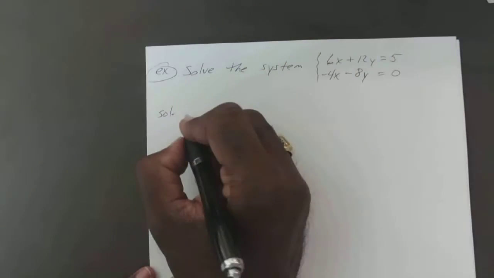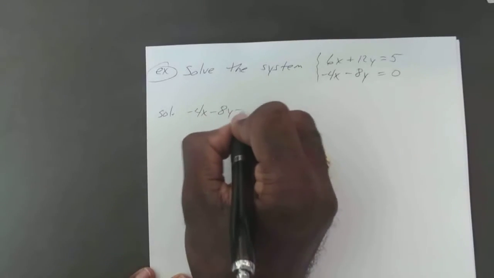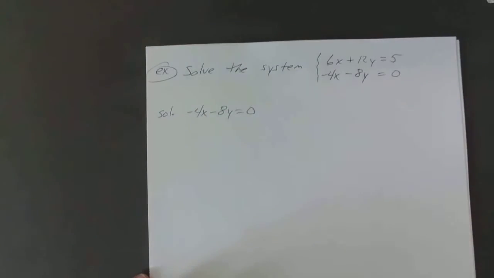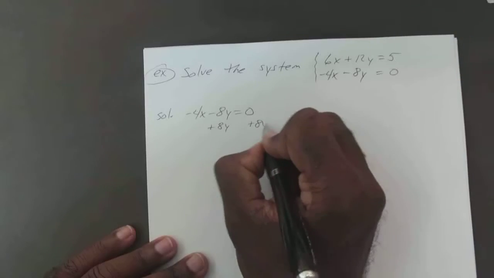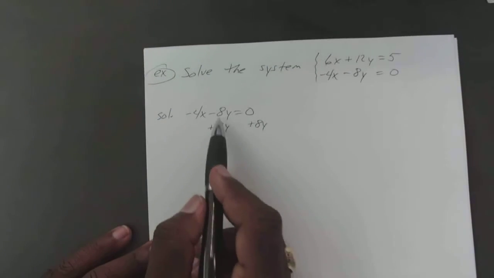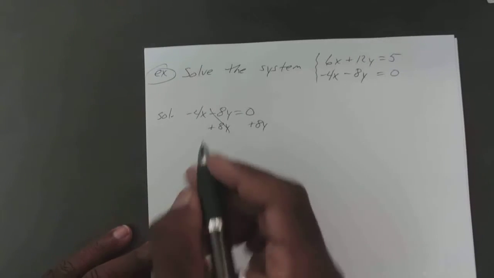So let's say if we have negative 4x minus 8y equals 0, if we add 8y to both sides, these two cancel each other out because they equal 0.